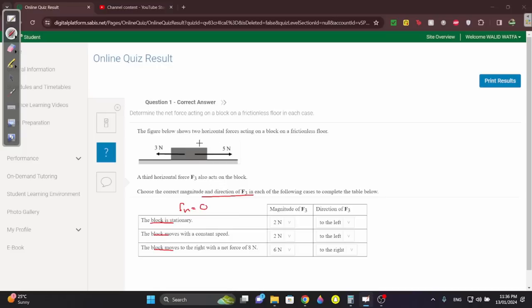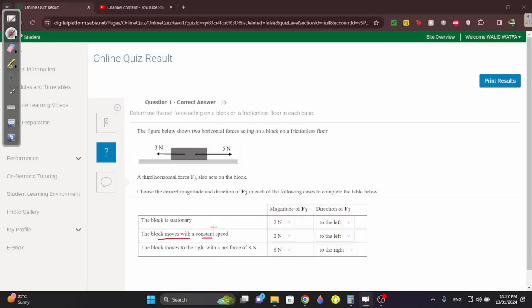The way I taught you last time was to find the net force first. In this case, the net force, 5 minus 3, is 2 newtons to the right. So to cancel out that 2 newtons to the right, you have to put 2 newtons to the left. So now they cancel. So first find your initial net force and then see how you can cancel out that net force.